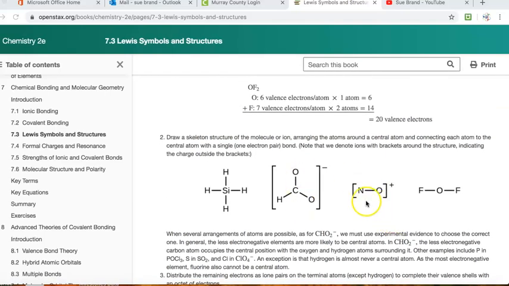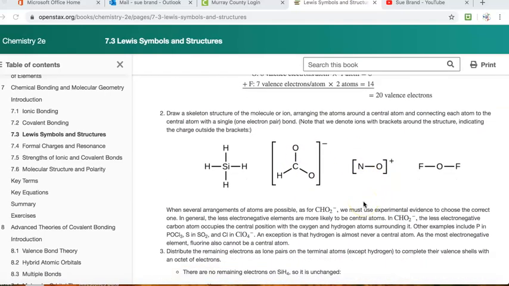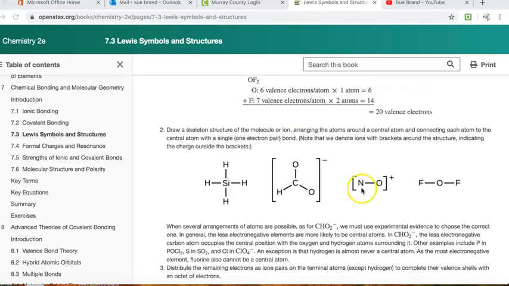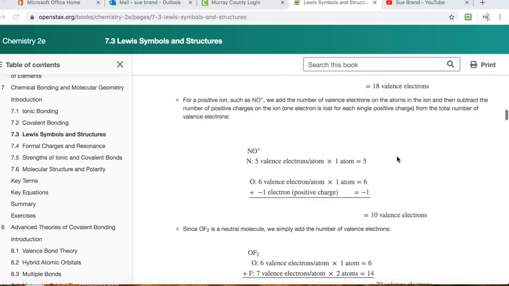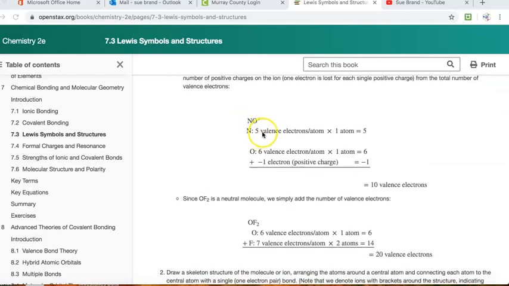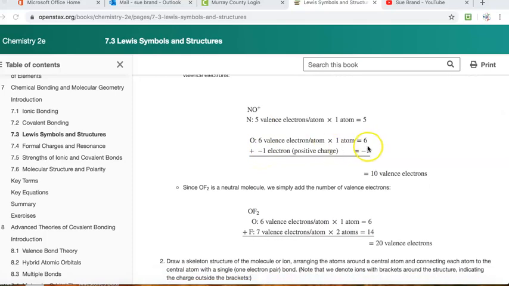All right, let's do NO+. The first thing you have to do again is figure out how many valence electrons you have, and then at the end you can double check. Nitrogen should have 5, oxygen should have 6. It's positive, so that means it has 1 less electron.